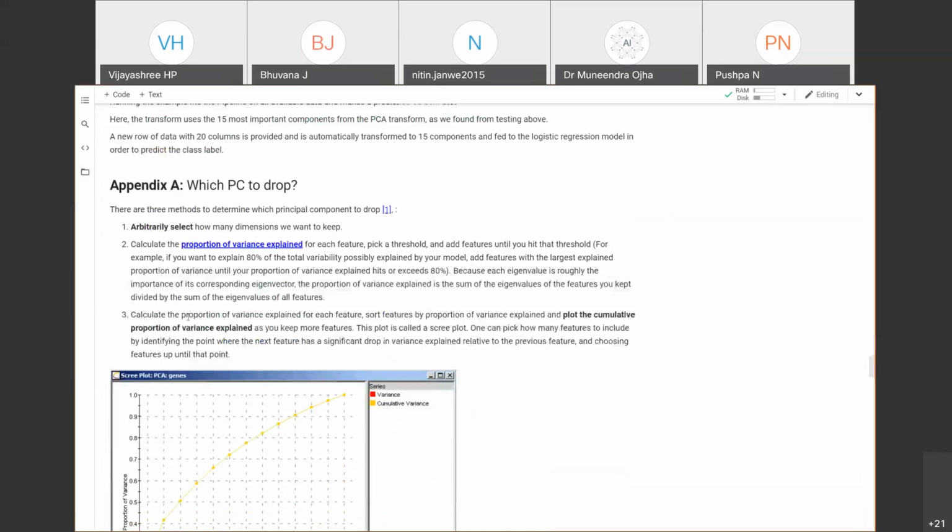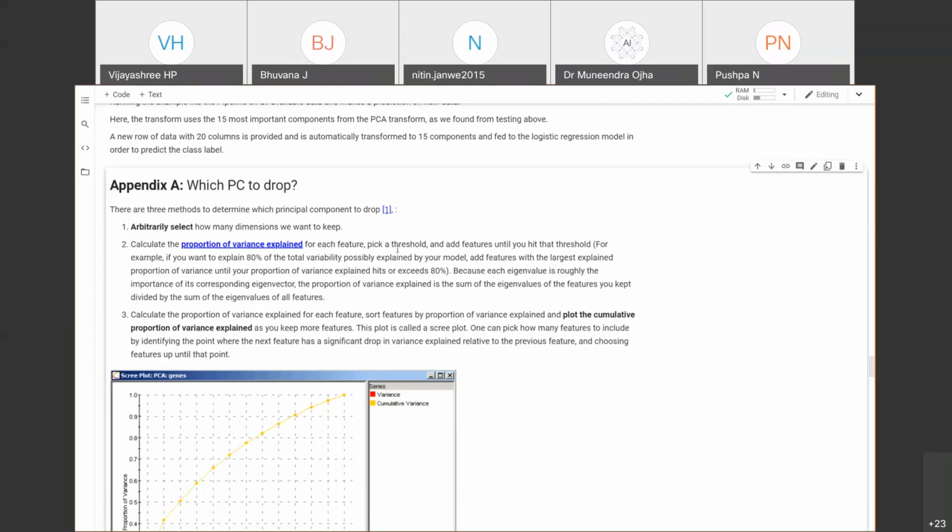The other method is to calculate the proportion of variance explained. First we find out how much variance is being explained by each principal component, and then we pick a threshold. Suppose a principal component is explaining 52% variance, and then I add another principal component and get 72% variance.